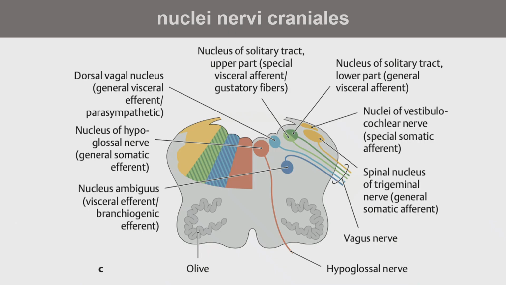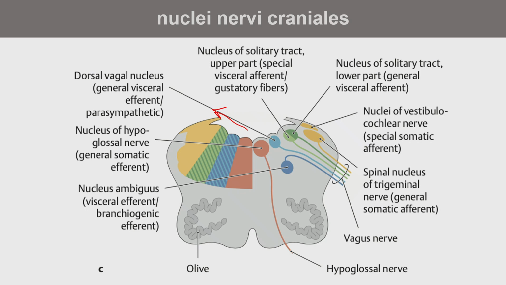One more piece of information: the nuclei of cranial nerves could be motor or sensory, and from motor, somatomotor, branchiomotor, and visceromotor. Visceromotor in the head region is parasympathetic, and then viscerosensitive, somatosensitive, and special sensitive. They have positions relative to the medial line.